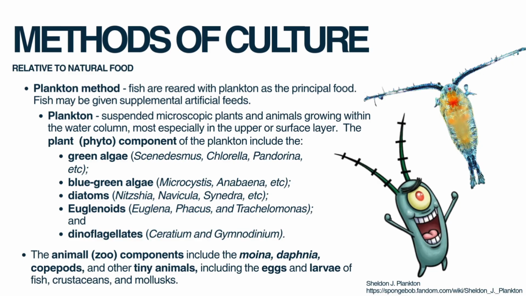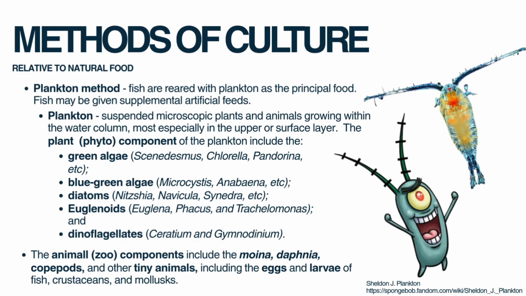Plankton are suspended microscopic plants and animals growing within the water column, most especially in the upper or surface layer. The plant or the phyto component of the plankton include the green algae, which includes the Scenedesmus, the Chlorella, Pandorina, etc. The blue-green algae, which includes Microcystis, Anabaena, etc. Diatoms include Nitzschia, Navicula, Synedra, and etc. The euglenoids, which include Euglena, Phacus, and Trachelomonas.